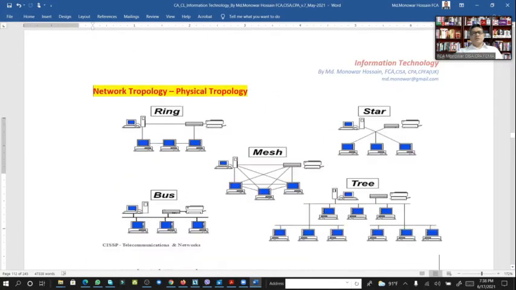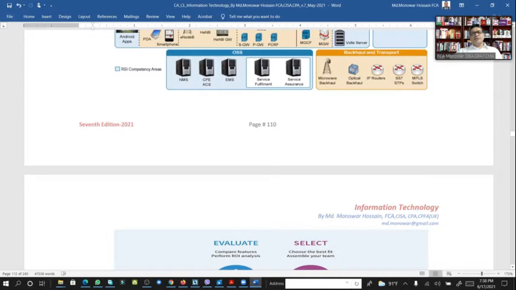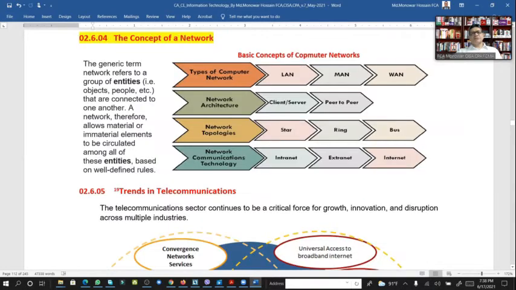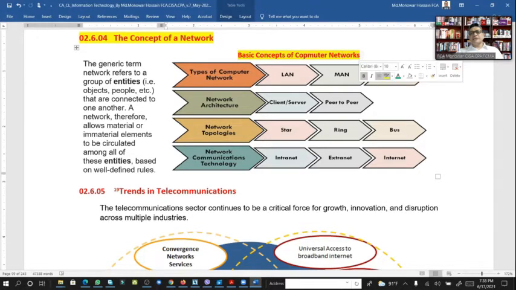So if we remember what was discussed in the last class, the concept of network. Here, the basic concept of computer network is the fundamental thing. Types of computer network: LAN, MAN, WAN; network architecture: client-server architecture, peer-to-peer architecture; network topology: star, ring, bus, hybrid, etc.; and network communication topology: internet, extranet, and intranet.